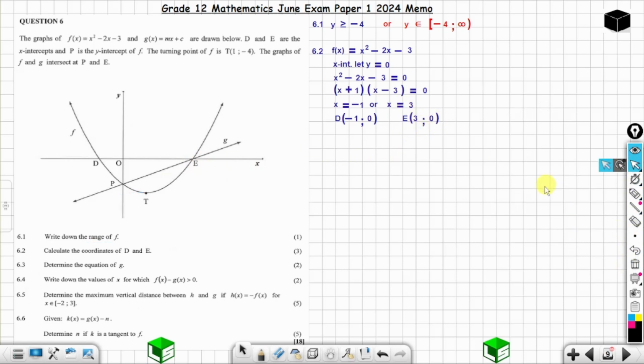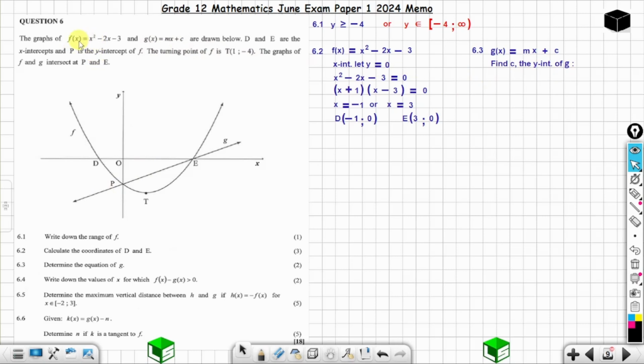Now question 6.3, determine the equation of g. g is a line, so g is in the form y is equal to mx plus c. So find c, the y-intercept of g.